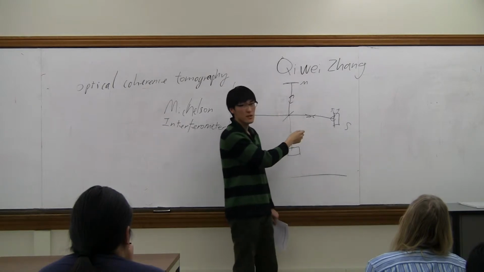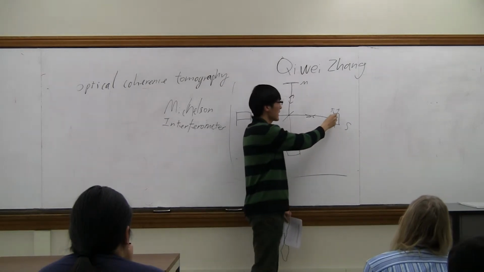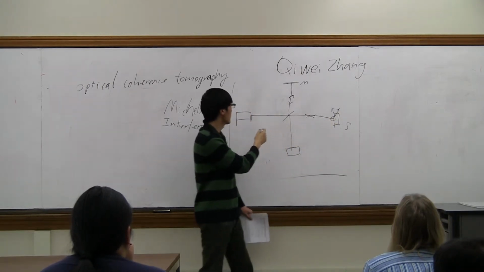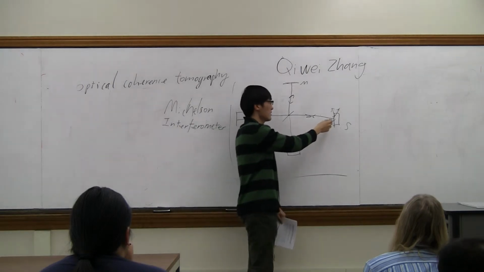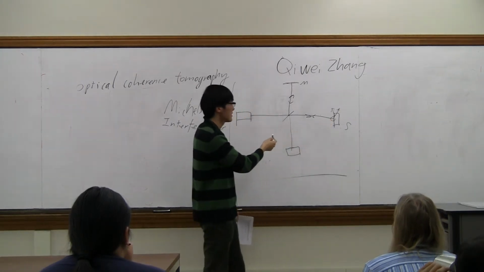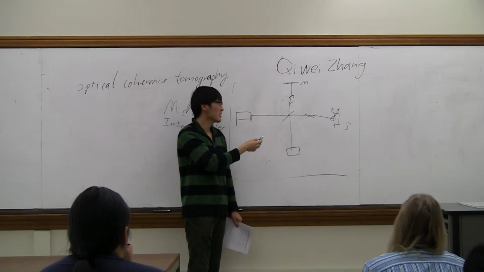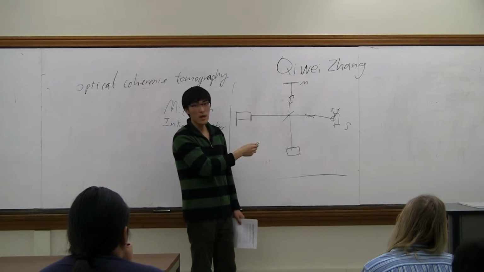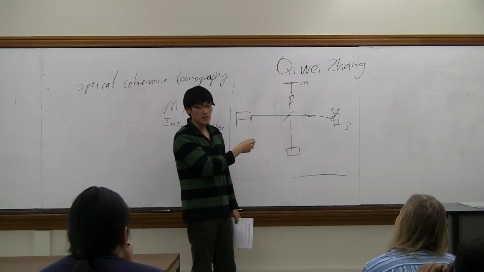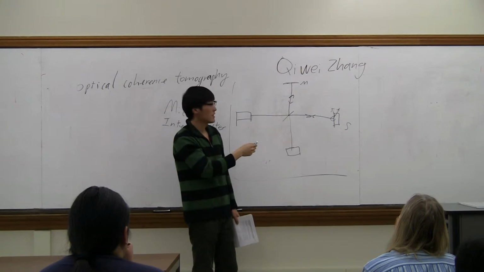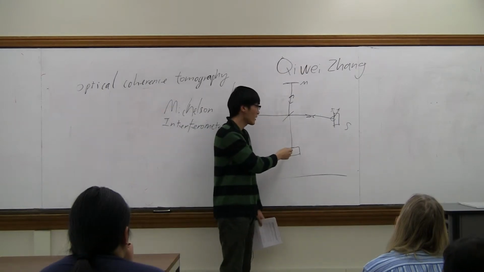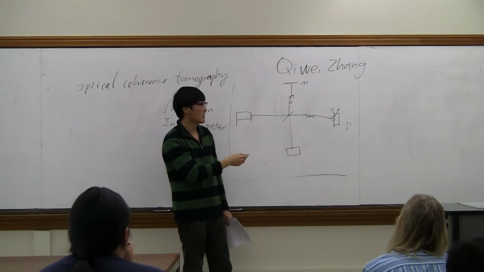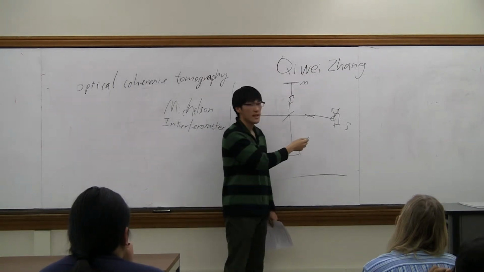In conventional imaging, the scattered light will obscure the image, but in OCT, interferometry is used to record the optical path length, so it can reject the scattered light.